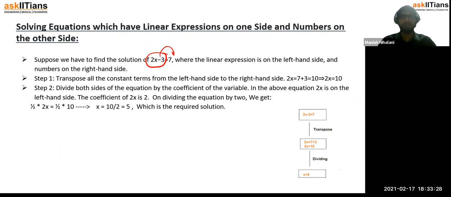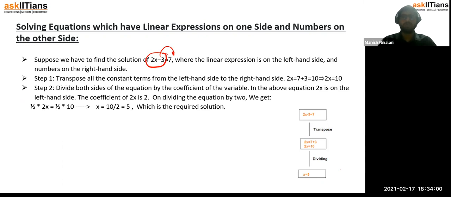Now step 2 is to divide both sides of the equation by the coefficient of the variable. First of all, we need to understand what a variable is. The algebraic letters, the English letters like A, B, C, X, Y, Z, P, Q, R, L, M, N, these are your variables. What do we mean by variables? Their values keep on changing from time to time.